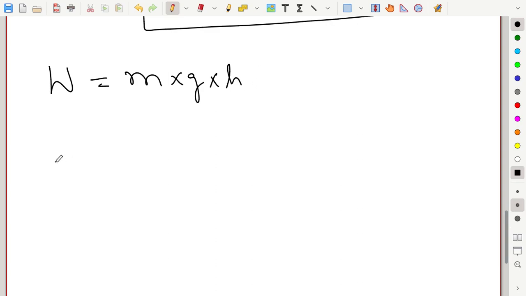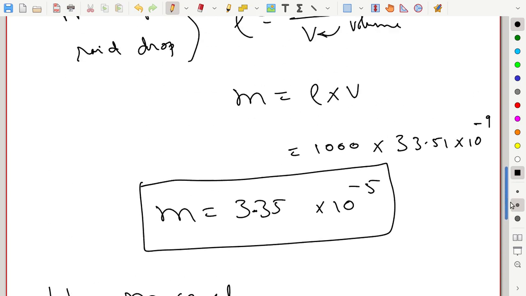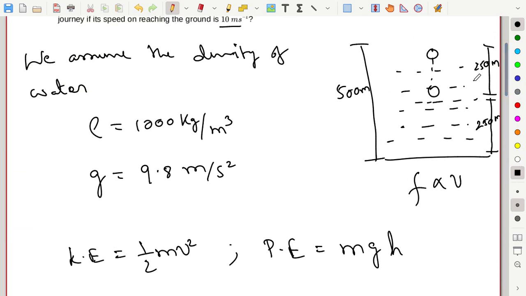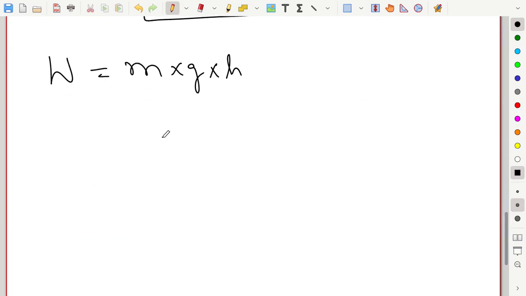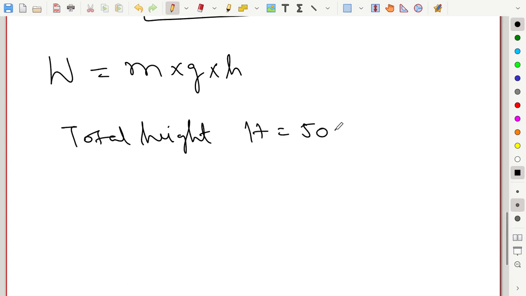So let me break the total distance into two parts: one is 250 meters, the first part, and the second part is another 250. So the total height h equals 500 meters.